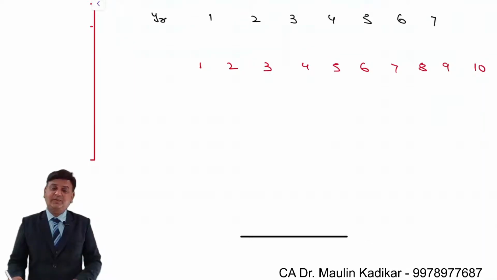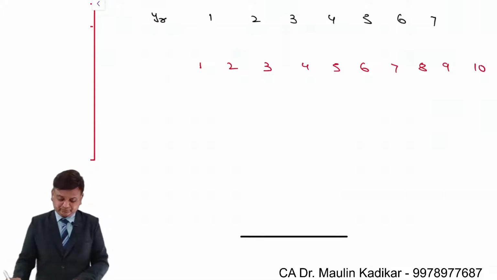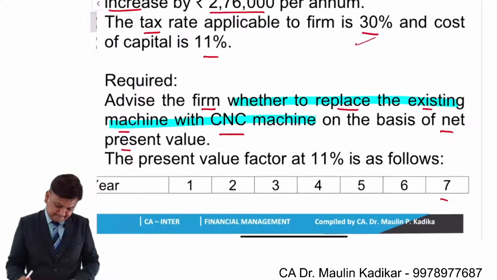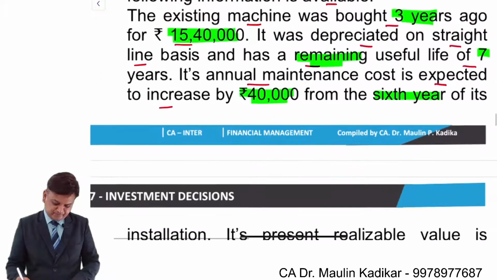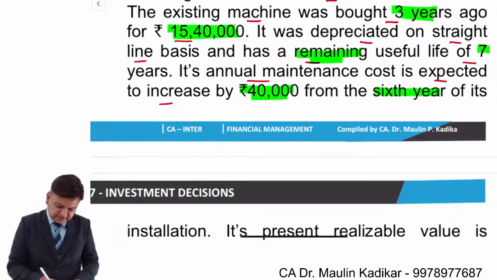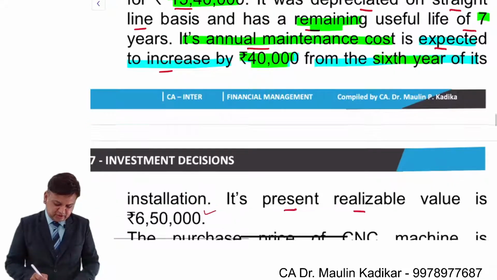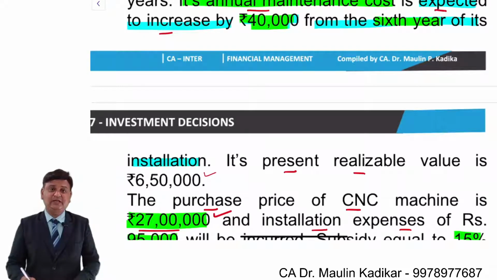The question is providing the information that its annual maintenance cost is expected to increase by 40,000 rupees from the 6th year of its installation. Like that information is given.